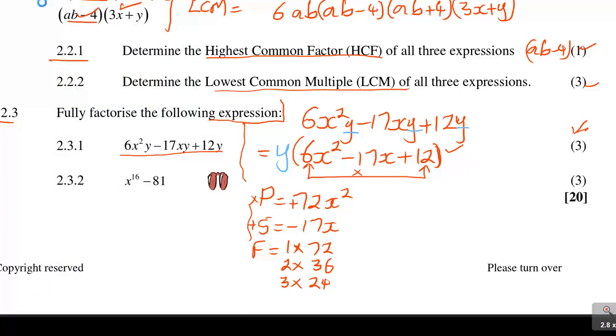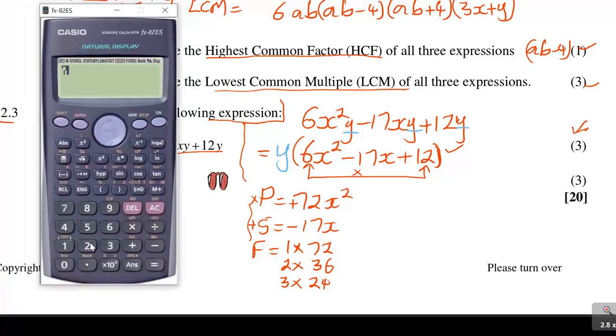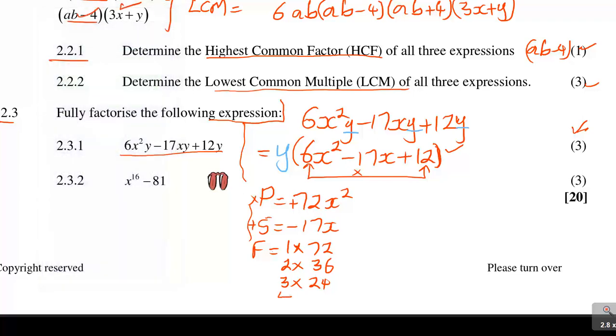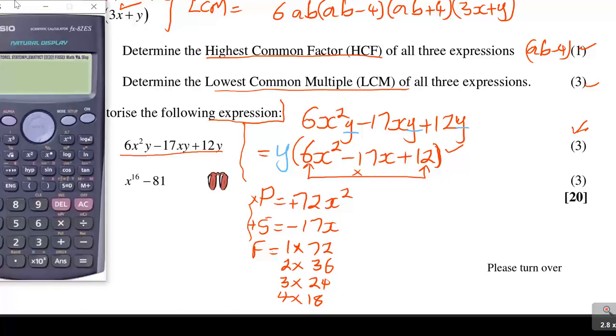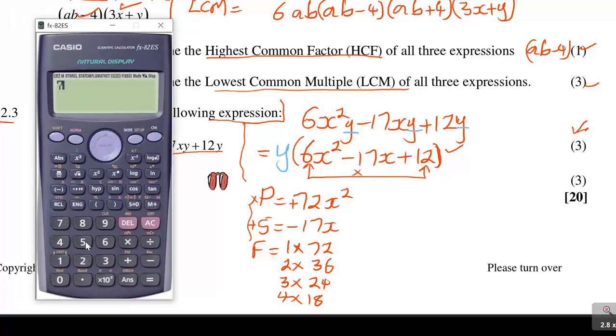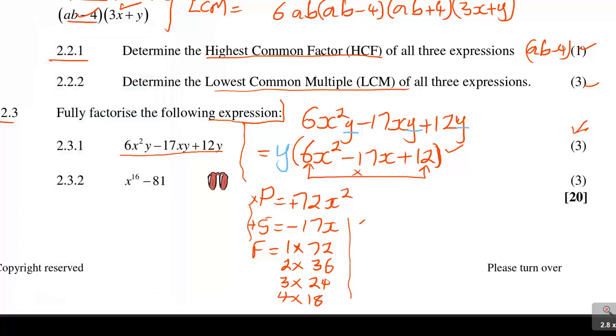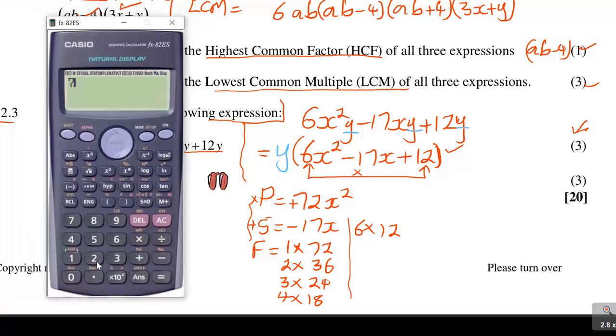Then you do the same, 72 divided by 4, which is 18, which is 4 times 18. Again, you try 72 divided by 5, it won't do, because 5 is not a factor. And then 72 divided by 6, which is 12. Now I continue there, 6 times 12, and then I continue with 72 divided by 7.